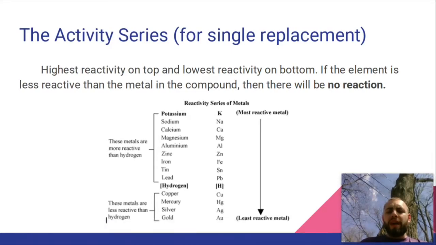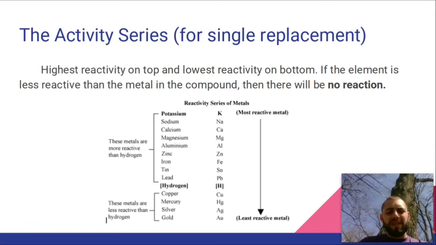So if I'm thinking about a reactive metal in its elemental form, like calcium, reacting with a silver compound, a relatively stable compound, that more reactive metal, calcium, is going to switch in. It's going to replace the silver because being in the compound will help stabilize the calcium. And the silver is already pretty stable on its own. It doesn't necessarily need to be in a compound to have that stabilizing effect.